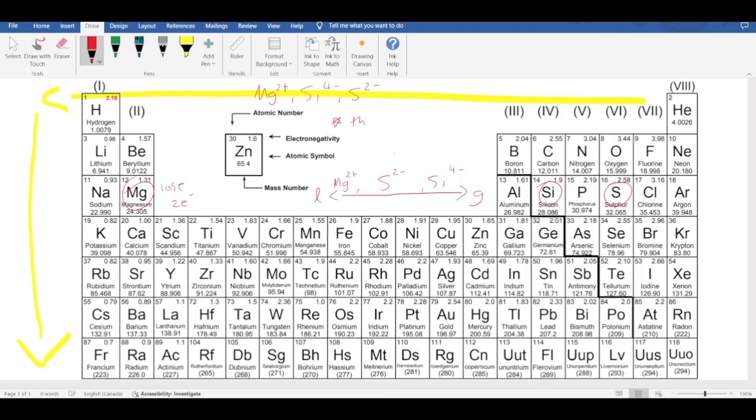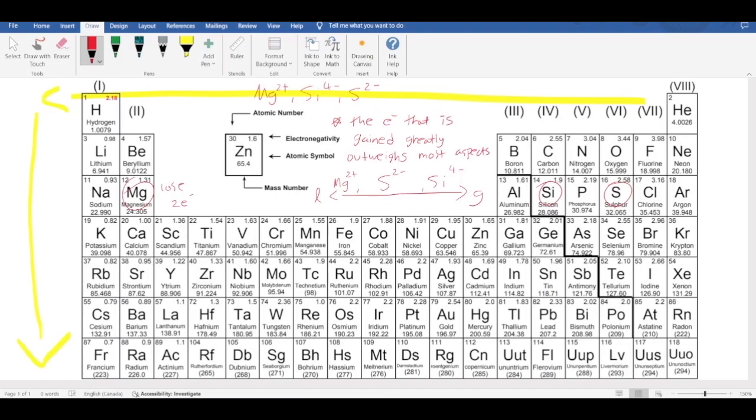The electron that is gained greatly outweighs most aspects.